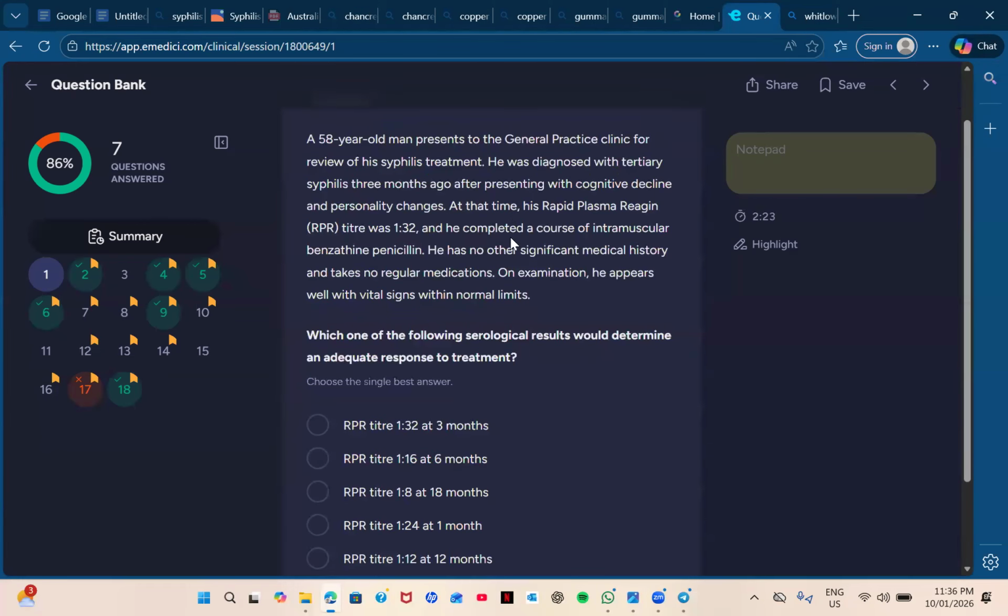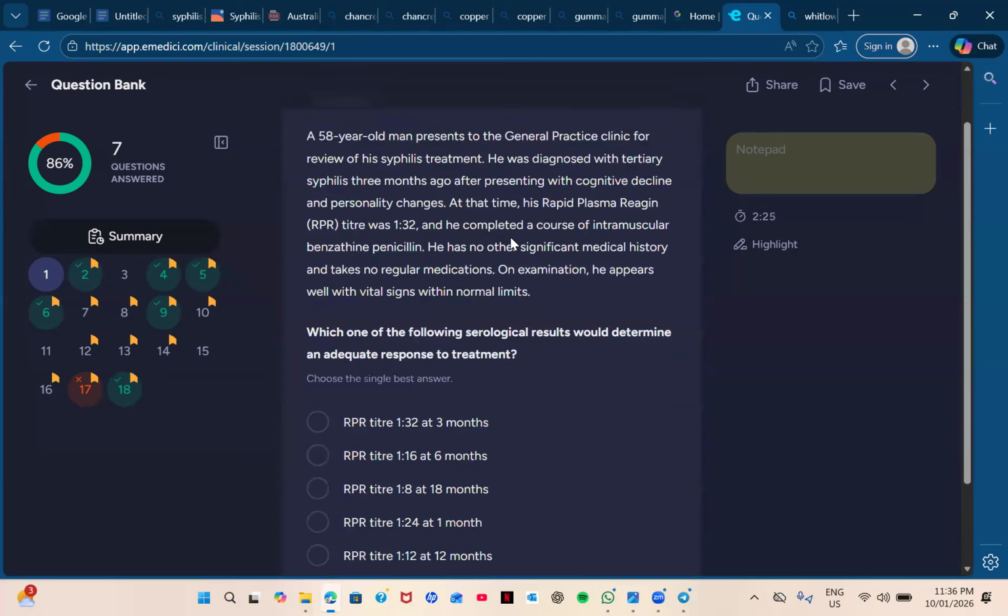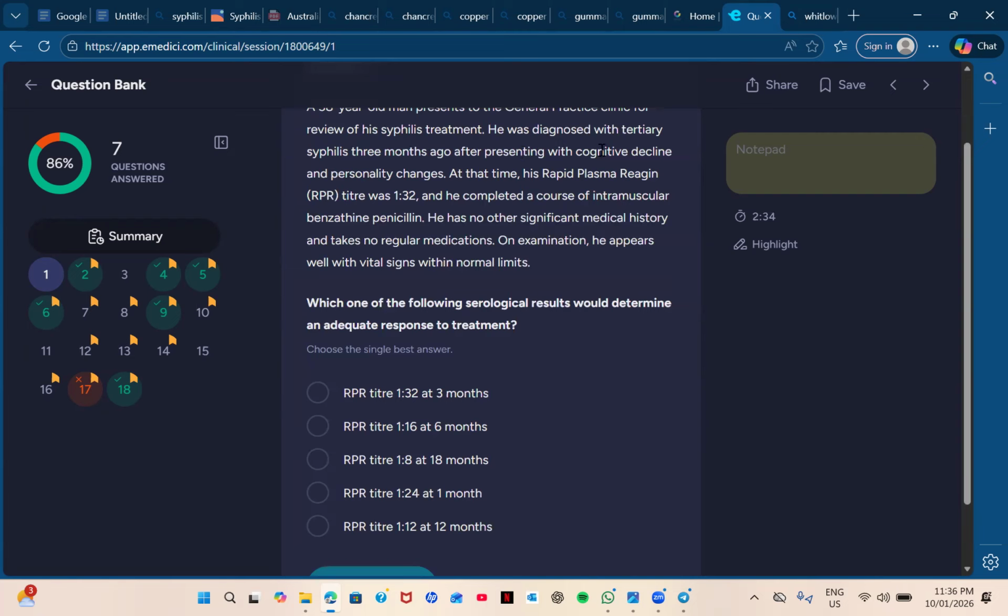A 58-year-old man presents to the GP clinic for review of his syphilis treatment. He was diagnosed with tertiary syphilis 3 months ago after presenting with cognitive decline and personality changes. At that time, his rapid plasma reagin (RPR) titer was 1:32, and he completed a course of intramuscular benzathine penicillin.